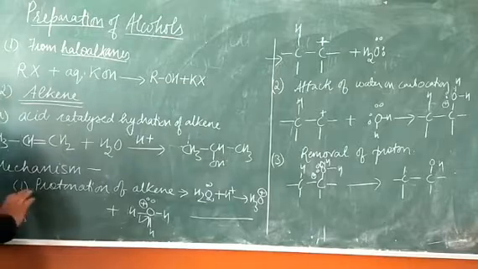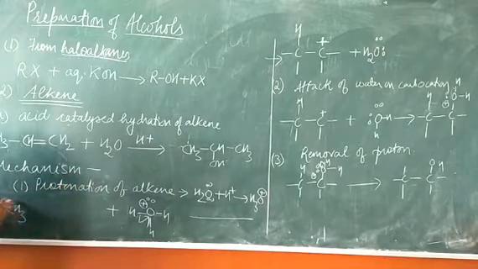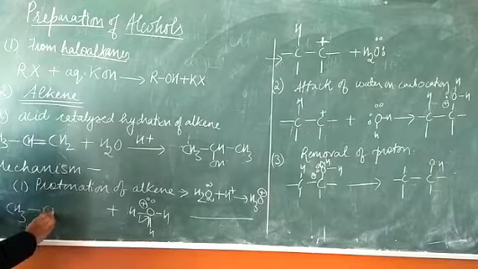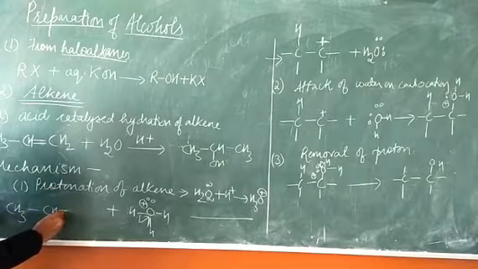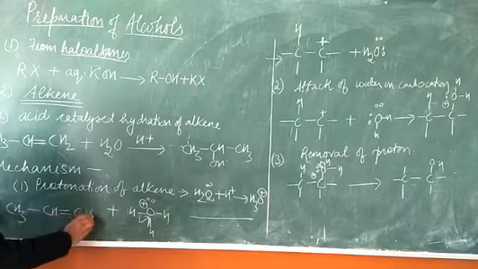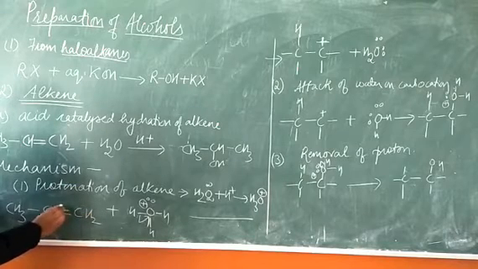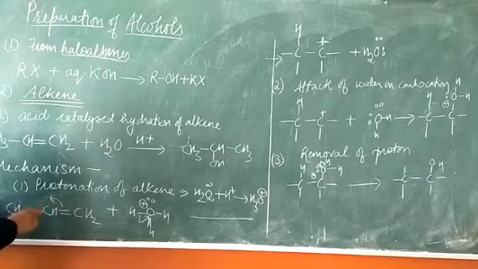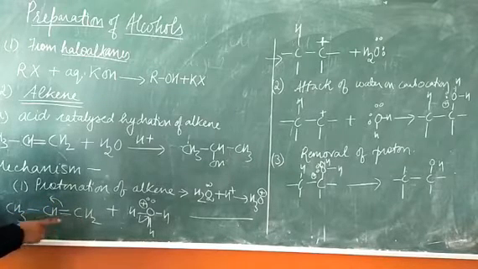And how this product is going to be formed, just have a look here. This is CH3. Now, the steps will remain the same, students. We are just going to change the alkene, which is CH3, CH, double bond, CH2, right? So we will take two cases because here the two carbons are not symmetrical, they are unsymmetrical, right?